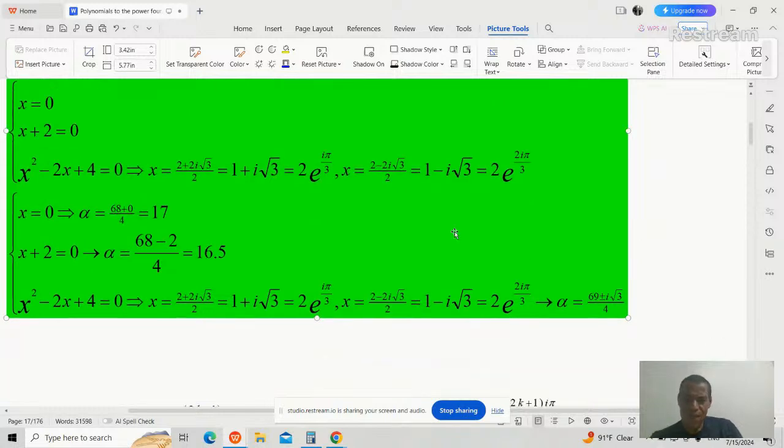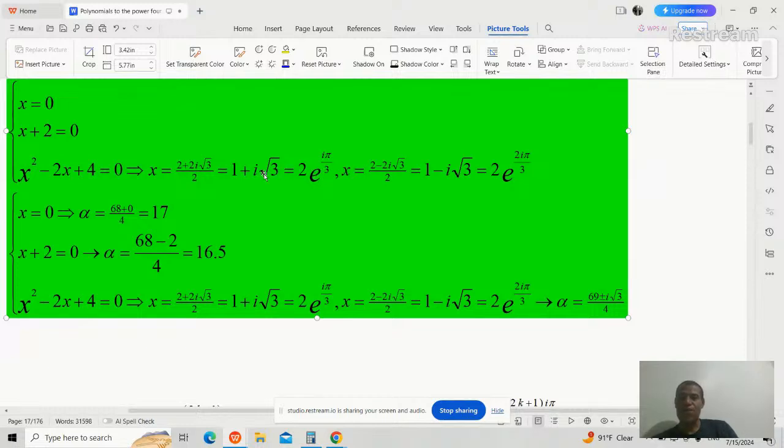Now, learners, we can say that our polynomial x squared minus 2x plus 4 equals 0 means x equal 2 plus 2i root of 3 divided by 2, which is equal to 1 plus i root of 3. It can be written also as 2 exponential i pi over 3.